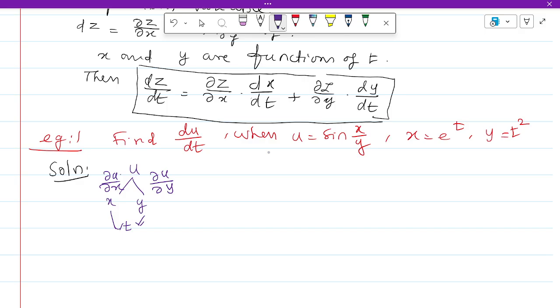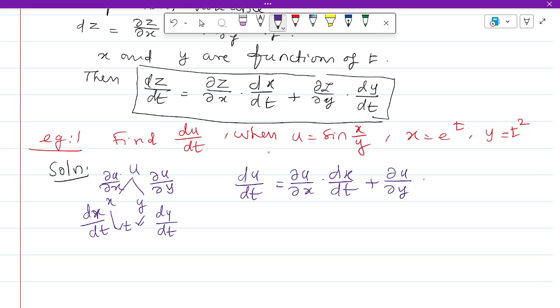But x and y are functions of only one variable, then we can find only ordinary derivatives dx by dt, dy by dt. Therefore we can write that du by dt by the total differential formula is equal to dou u by dou x into dx by dt plus dou u by dou y into dy by dt.